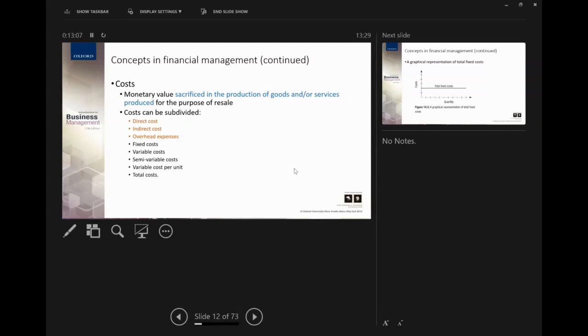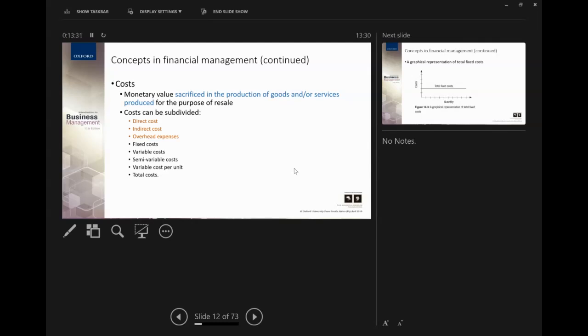Anybody want to attempt any of those? Yes, sir. Can you say that a direct cost is related to the production of the business? It is. All of them are. For example, like the salaries of the employees.